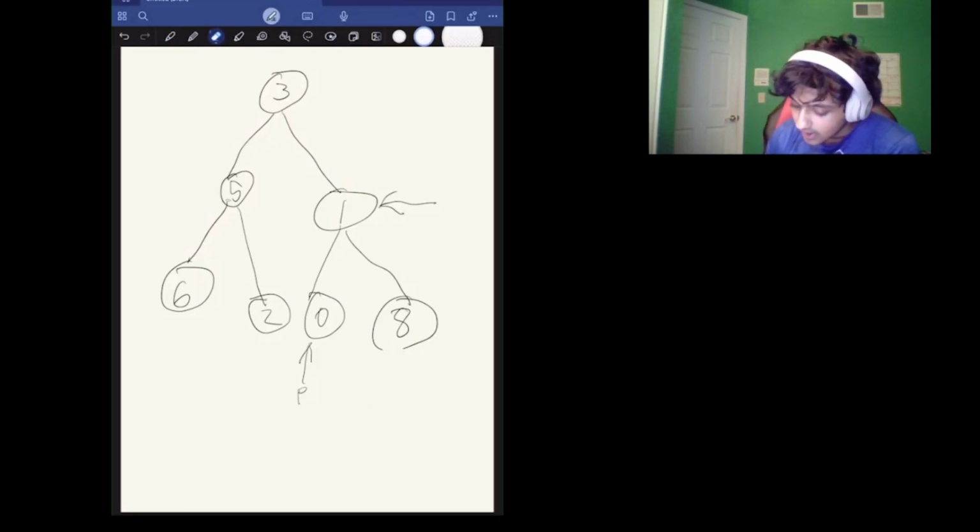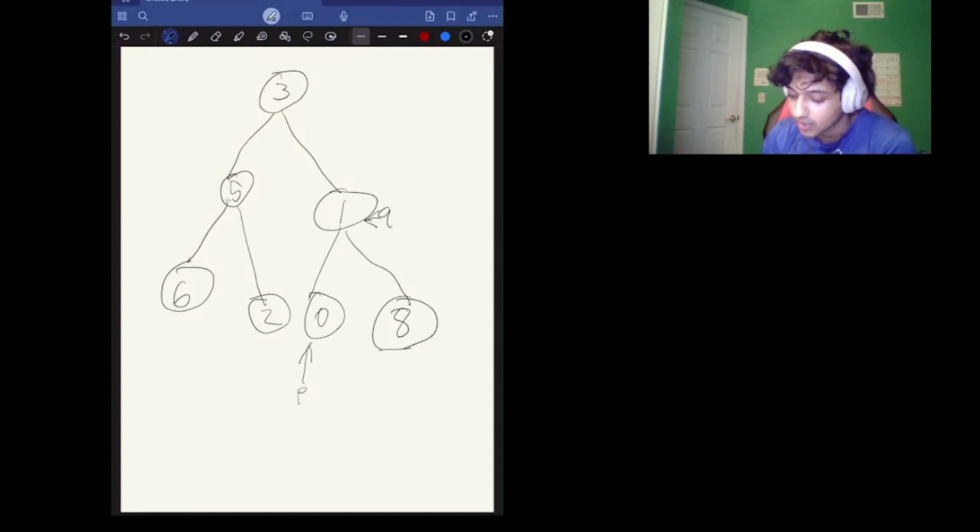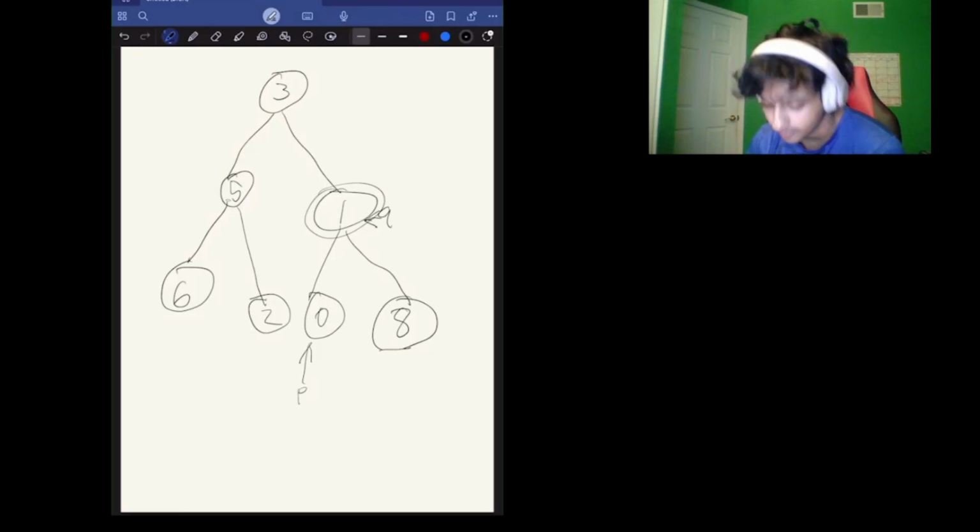We can keep going and say, well, what if Q was a descendant of P? Like, what if this was Q? Then their common ancestor would just simply be 1, because the lowest common ancestor can include the node itself. So 1 is the ancestor of P, and it's also the ancestor of itself, for the purposes of this problem.